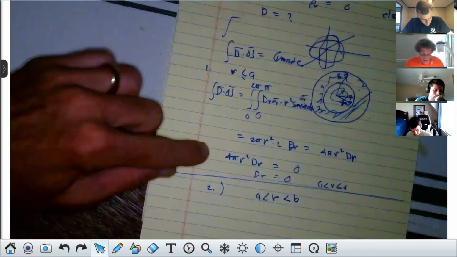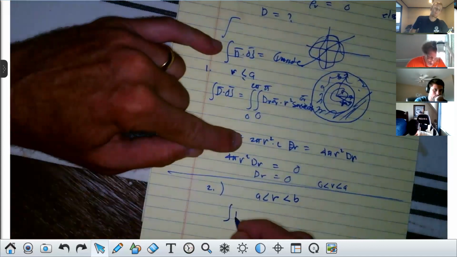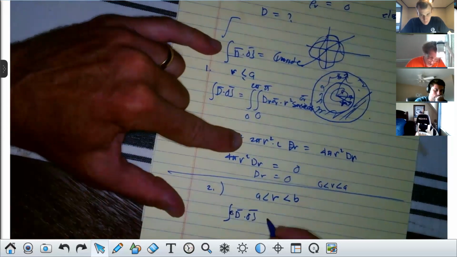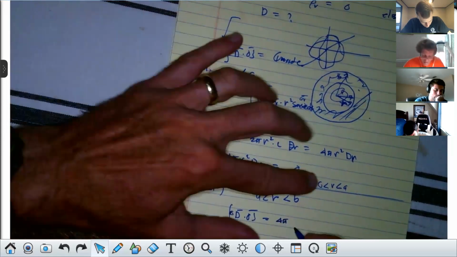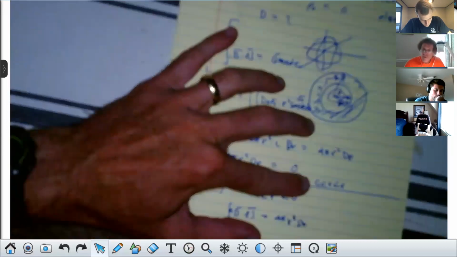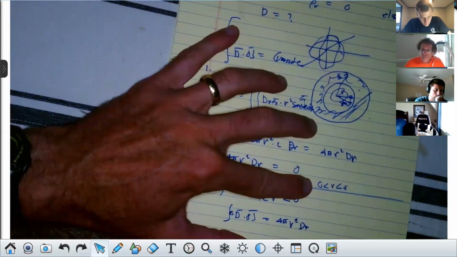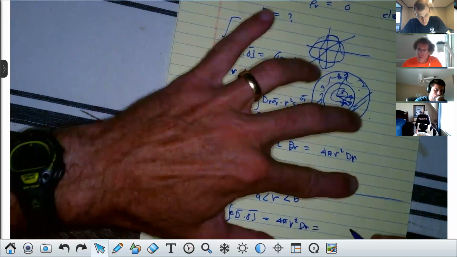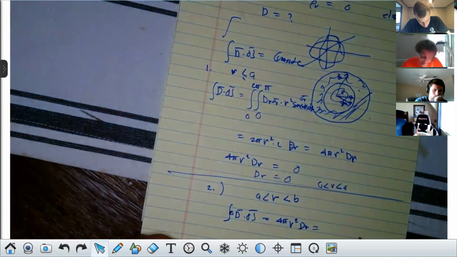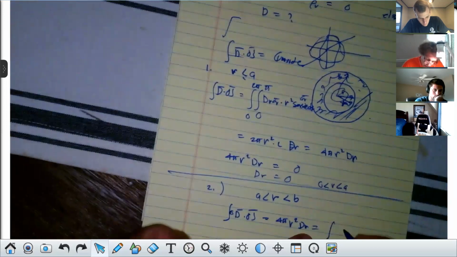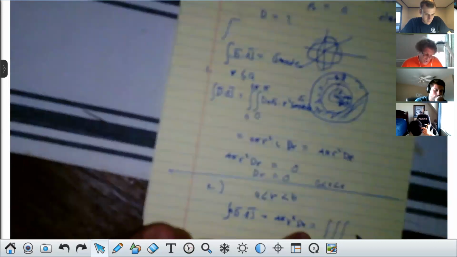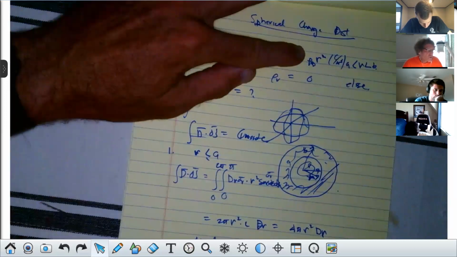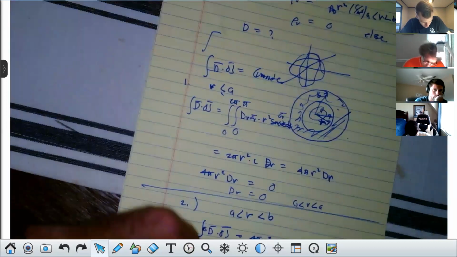All right. The integral of D dot dS will be the same as it was prior, and that's 4 pi r squared dr. Do you agree with me? But what about the charge? Now we're going to do the integral of the charge density. So I'm going to put a triple integral, and I put the charge density, and my charge density was rho_v0 r squared.